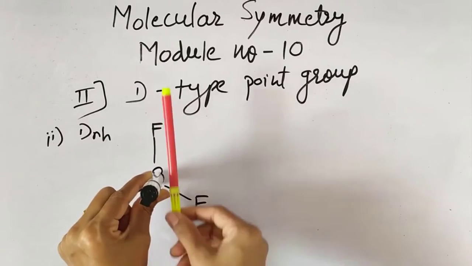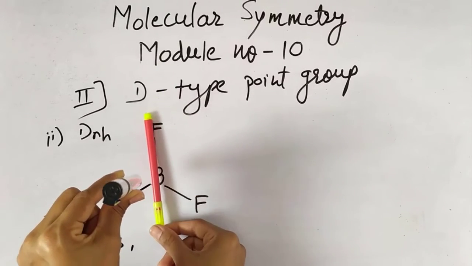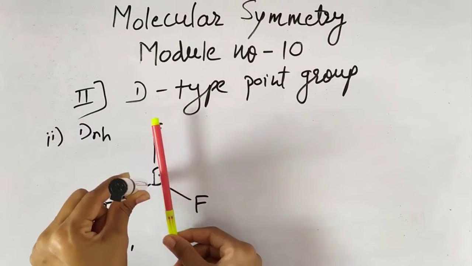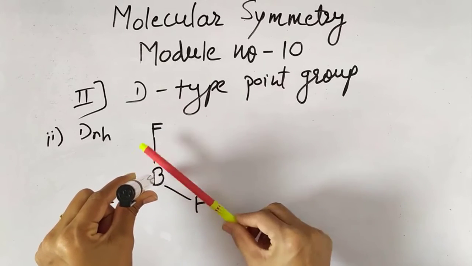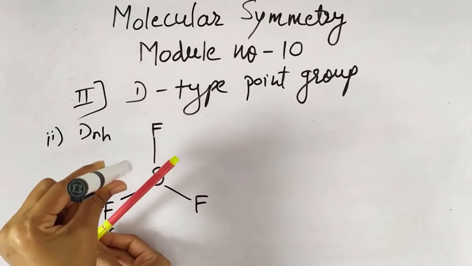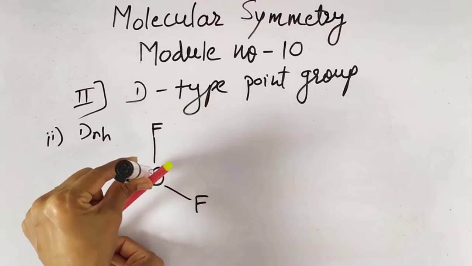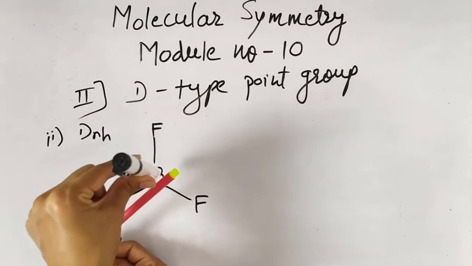This principal axis and this subsidiary axis are perpendicular to each other. Similarly, this subsidiary axis is also perpendicular, and this subsidiary axis is also perpendicular to the principal axis.